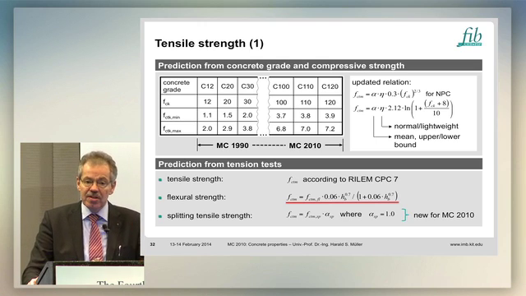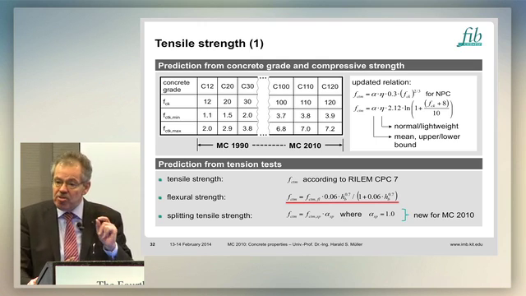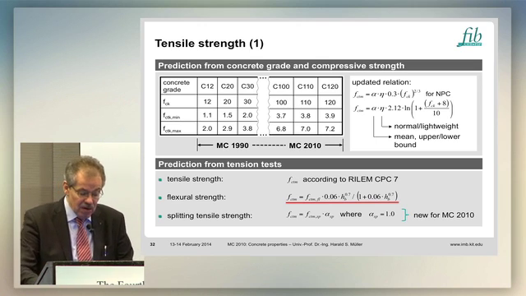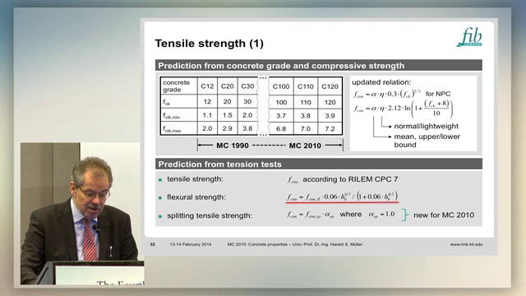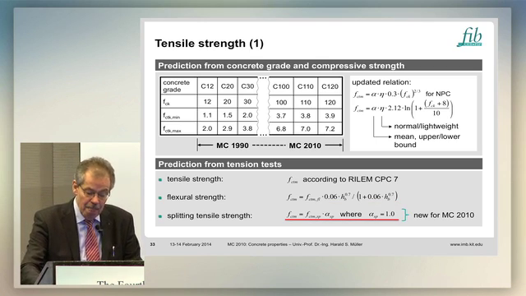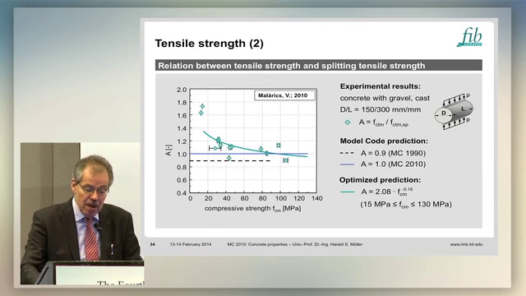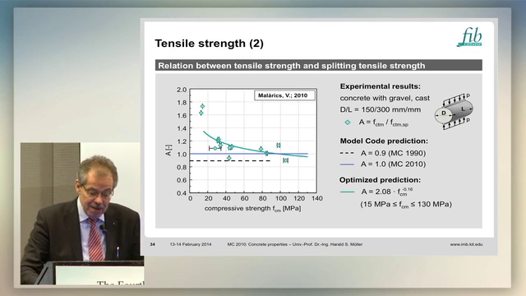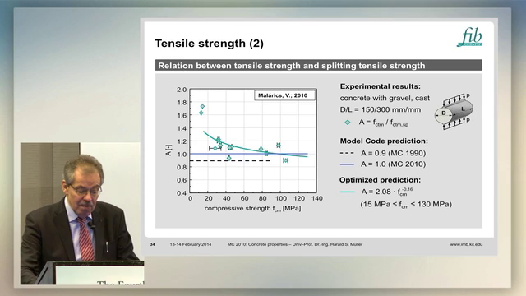This is a relation taking into account a fracture mechanical approach. And we have also a new relation if you use cores to determine the splitting tensile strength. You can calculate from the measured splitting tensile strength the tensile strength of a concrete, and we proposed a new relation, very simple, for the new Model Code.